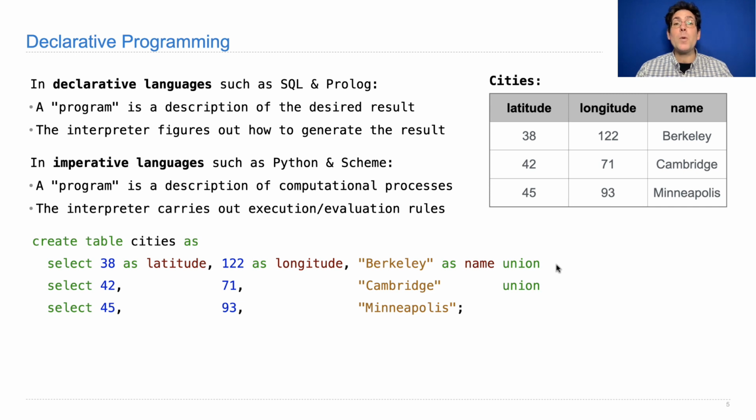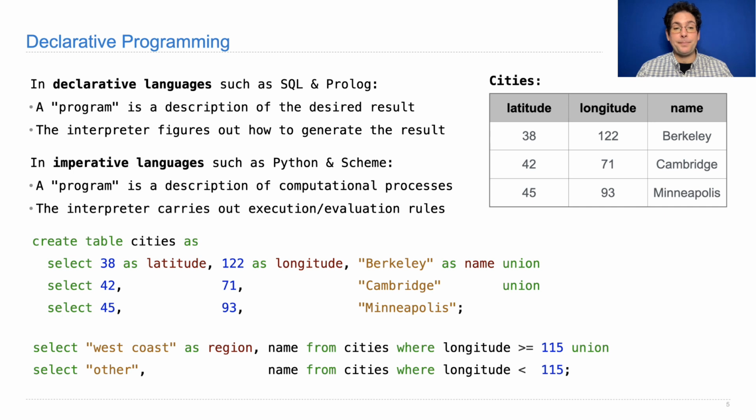The interesting part is what happens when you do something with the cities table. Here, we select from cities, that's the cities table, but we only want some of the rows. Those with a longitude greater than or equal to 115. Those are the ones on the west coast of the United States. And we're going to add a region column with the value west coast for those.